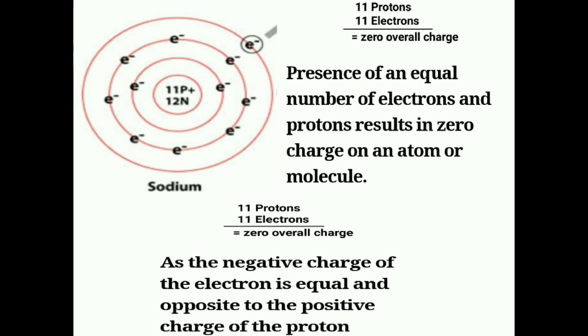For example, if you take the sodium atom, it has 11 protons, positively charged particles in its nucleus, and it has 11 electrons in its shells. 11 protons and 11 electrons. The number of electrons and the number of protons are equal. As the negative charge of the electron is equal and opposite to the positive charge of the proton, it is neutral.